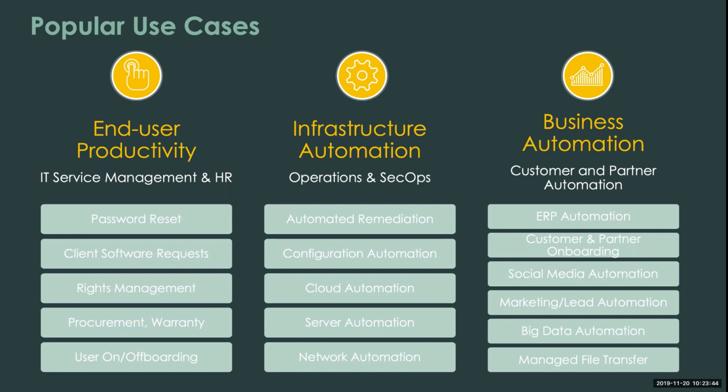Configuration automation, so this is integrating with things like Ansible, Puppet, Chef, CFEngine, our config tools. Automating in the cloud. We have a purpose-built CMP solution on the platform. Maybe it's something simpler where you just want to build basic EC2 instances or deploy databases out in the cloud. It's a great use case for IntegrationHub and Flow Designer as well.